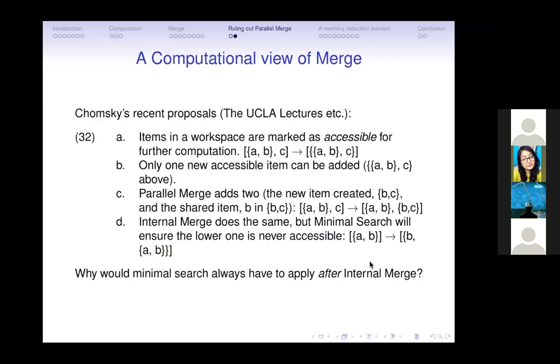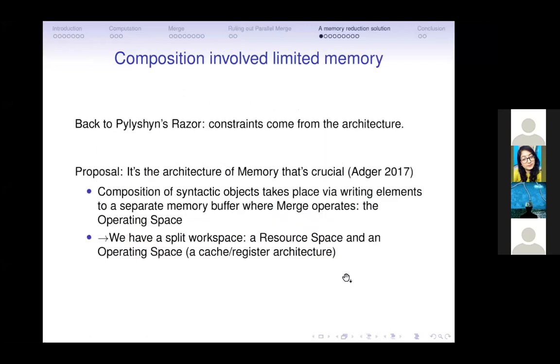I'm going to give you a different set of proposals, which are here. Okay, and the proposals are very much inspired by Occam's razor. So the constraints come from the architecture. Now remember, what we're dealing with here is a computational system. That's what I took you through all that horrible maths for, right? It's a system that involves operations which store their results and then reuse them.